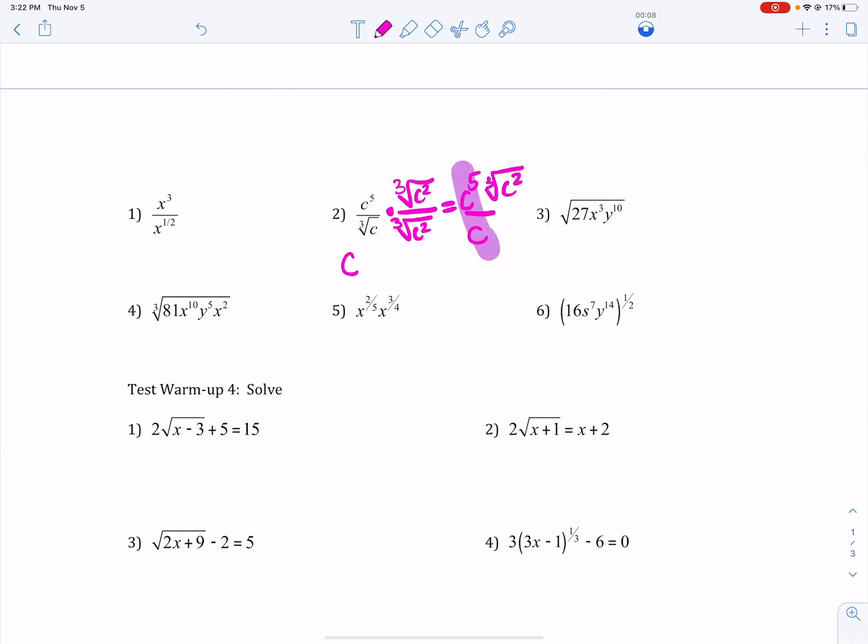So your final answer would be c to the 4th and then the cubed root of c squared. That would be my final answer, and I would be okay with it written in that form because it was given to me in radical form. So take a picture. I'm going to erase because it's going to get too overwhelming if I don't.